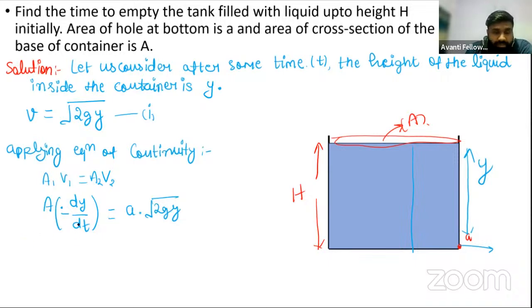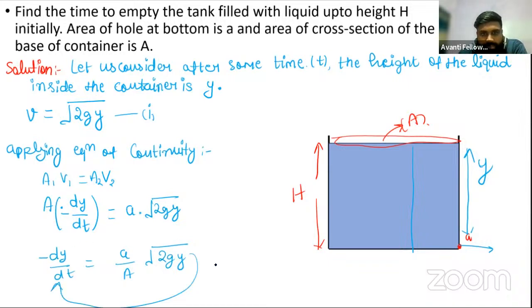Now here you can see that it is minus dy by dt is equals to small a by capital A root 2 gy. Okay. Now this is dy here and this is root 2 gy. So we will take this function below this.